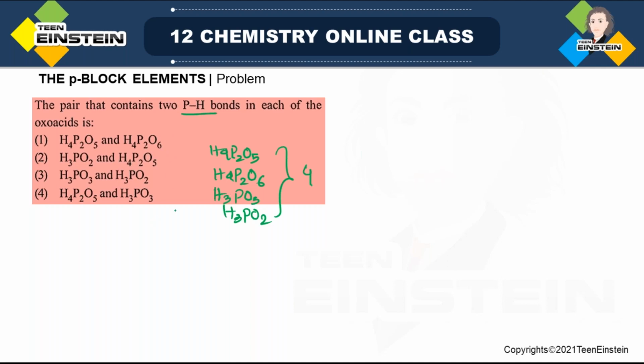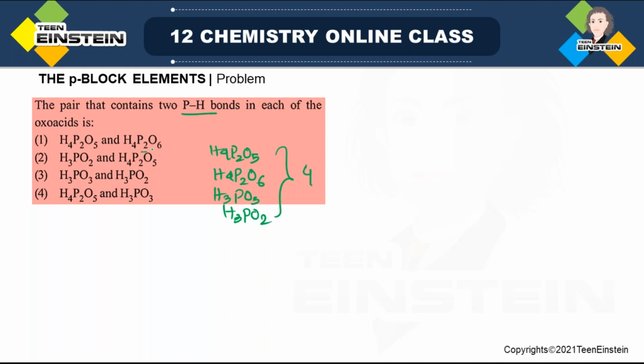Now we need the structures of these oxoacids, because if we want to know whether a P-H bond is present or not, then you should know the structure. Another way is to find out the oxidation state of phosphorus: if the oxidation state is lower than +5, there must be a P-H bond or a P-P bond, that we know. That information also will be helpful.